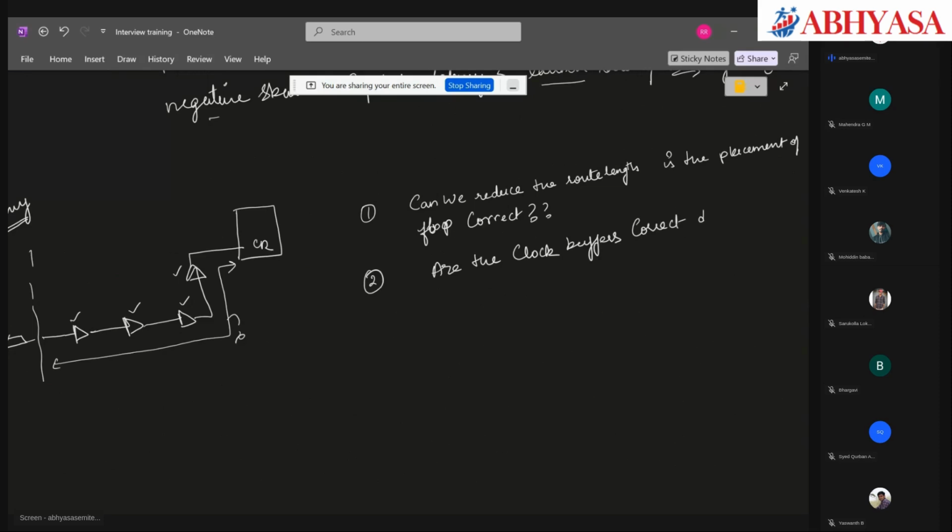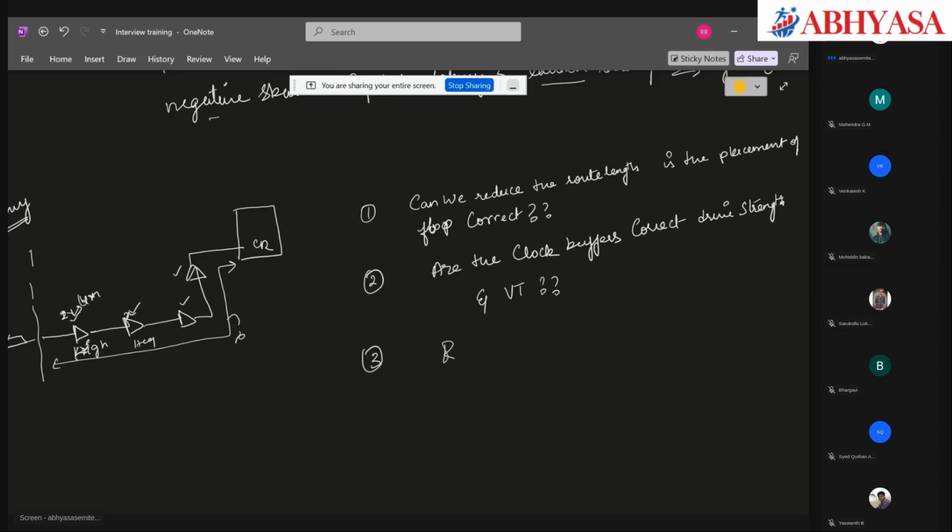Drive strength and VT. Means if they are all low VT, then it is fine. Let us say if they are all high VT, then they will have high delay. I have to change them to low VT. Likewise, if they are all 1x or 2x buffers, they will have very high delay. I have to upsize them to 4x or 6x.